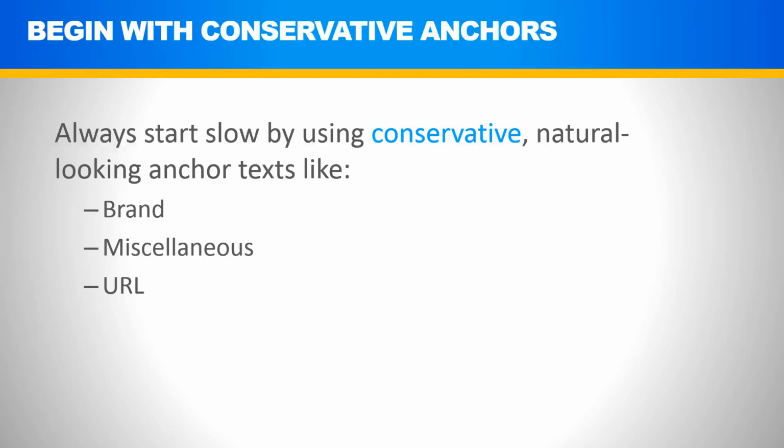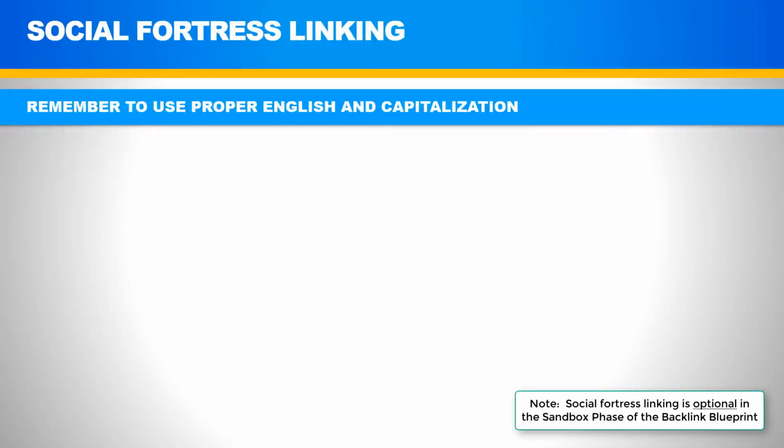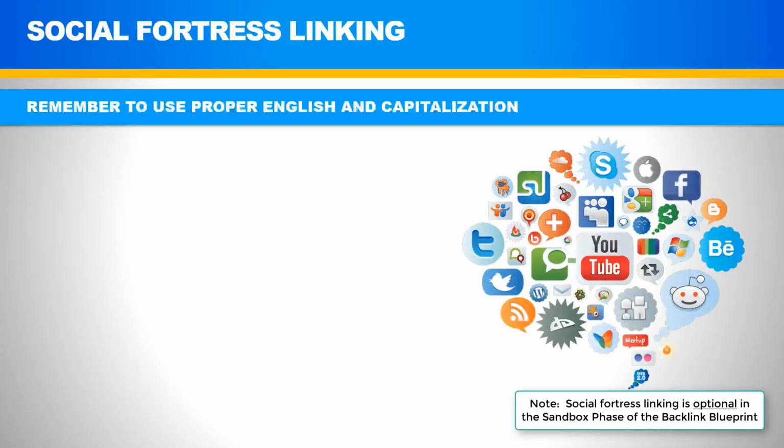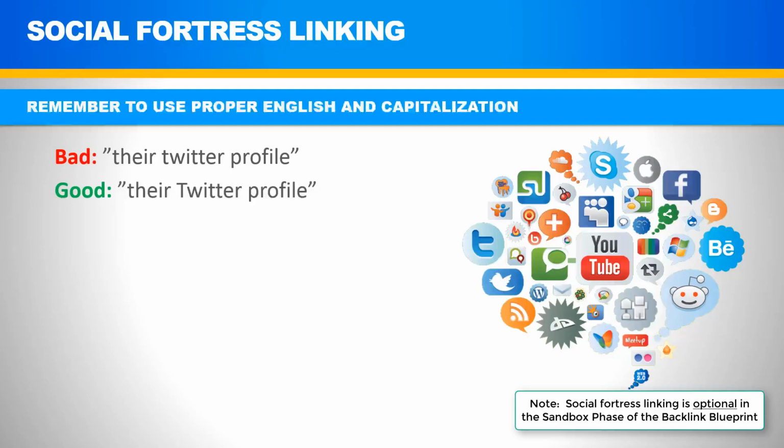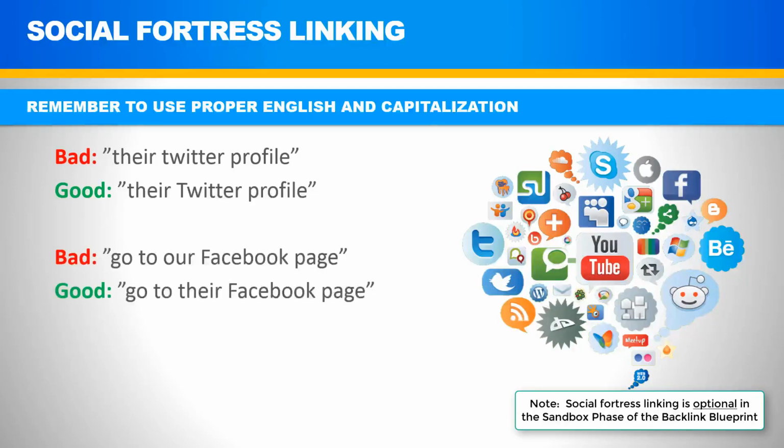Now we're going to get into Social Fortress linking. Very easy. Rule number one is remember to use proper English and capitalization. A bad example would be "their twitter profile." Remember, Twitter is a proper noun, so we will capitalize Twitter. Bad would be "go to our Facebook page." You can say "go to their Facebook page." The key thing here, I wonder if anyone's getting this, is that we're linking from a PBN to a Facebook.